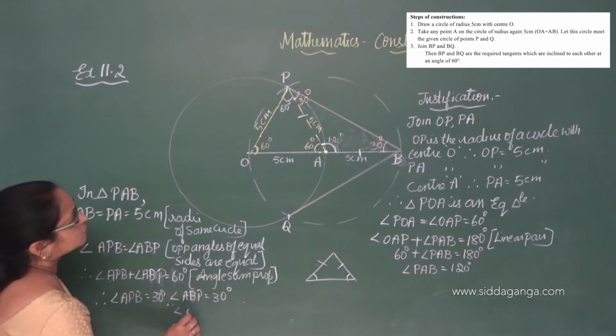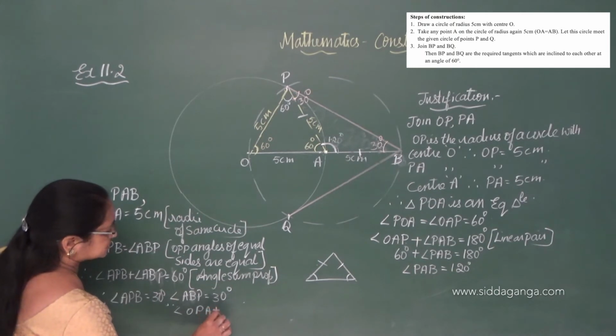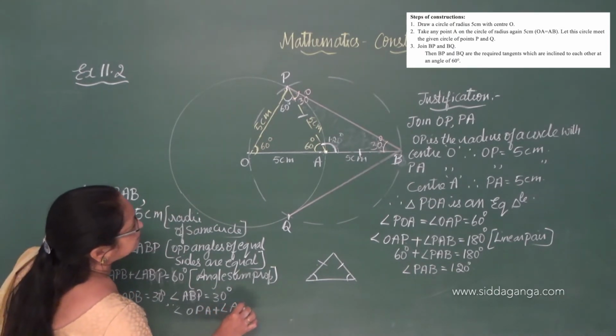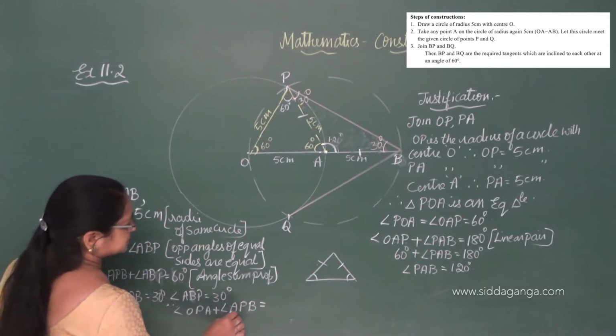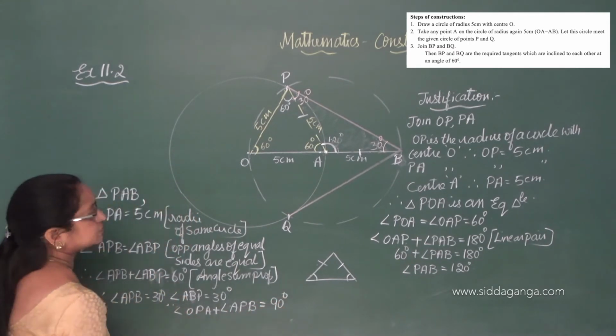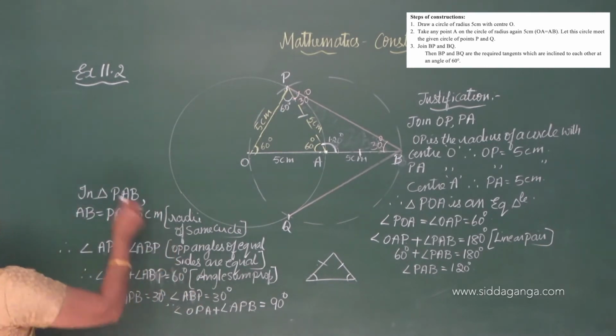So angle OPA plus angle APB is equal to 90 degree. 60 plus 30 is equal to 90 degree. So therefore, what can you write?